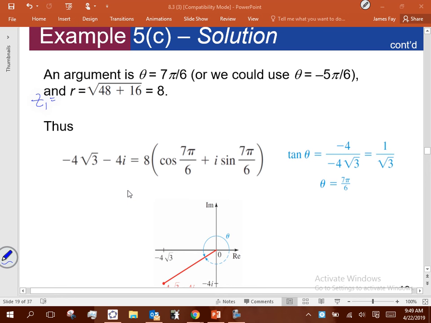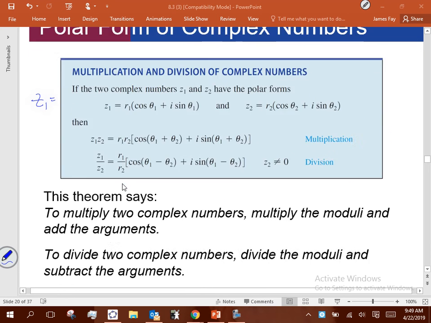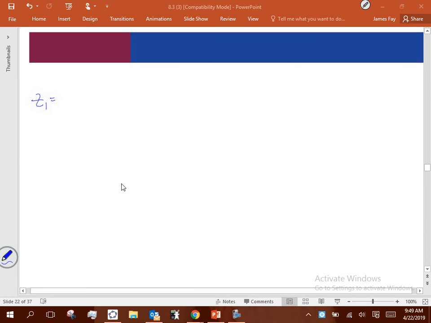So z1 is negative 4 root 3 minus 4i. And let's say z2 was, I think, negative 1 plus root 3i. We had that one. Let's do the product. Let's take z1 times z2. Let's do it in rectangular form.